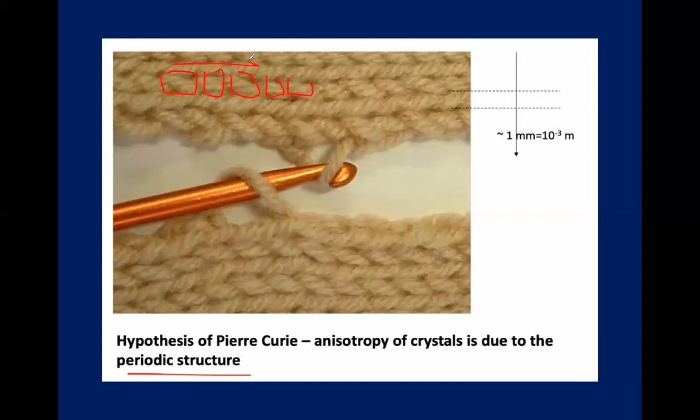Along this direction, you have this type of orderly arrangement. But along the other side, you don't see that feature, right? This part is different and this part is different. So that means the periodic arrangement is not isotropically distributed.